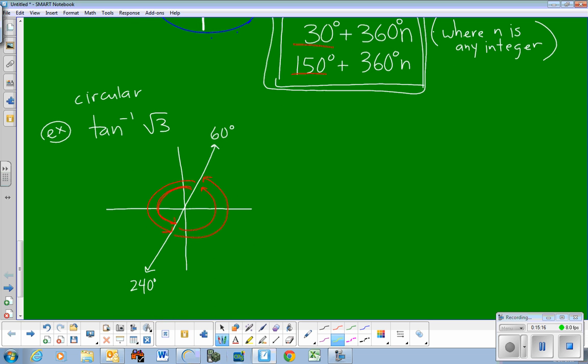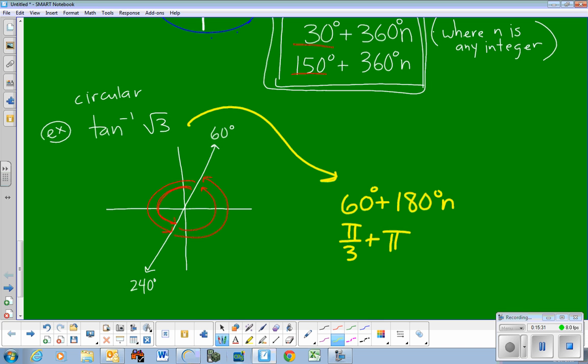So what I can do is say 60 plus 180 n. Actually, I meant to write this in radians a minute ago, so let's do that. That's pi over 3 plus pi n. All right, 180 is the same as pi. Pi over 3 is the same as 60.